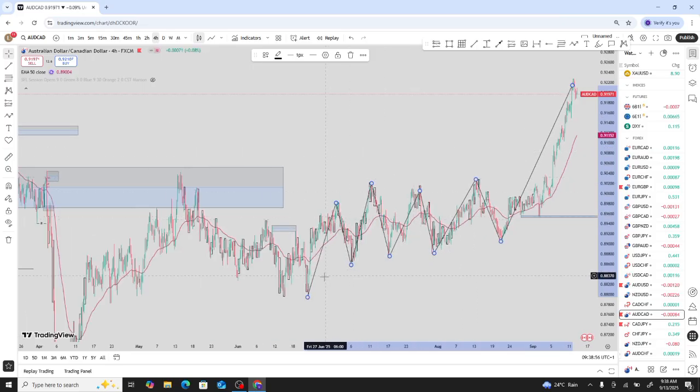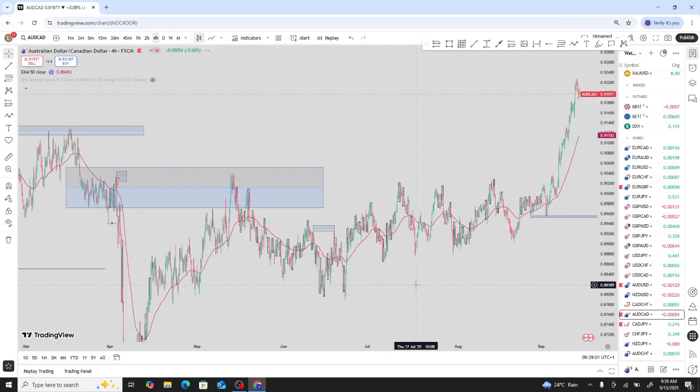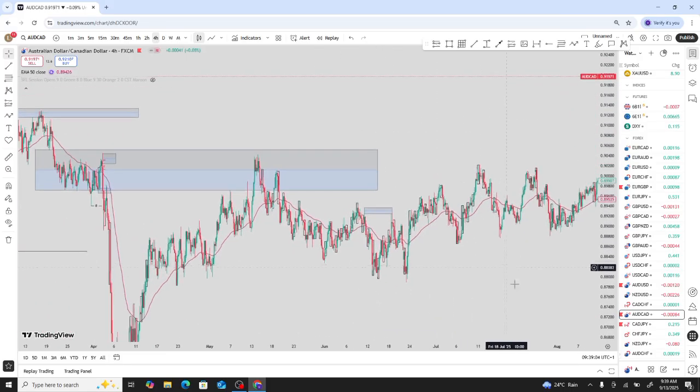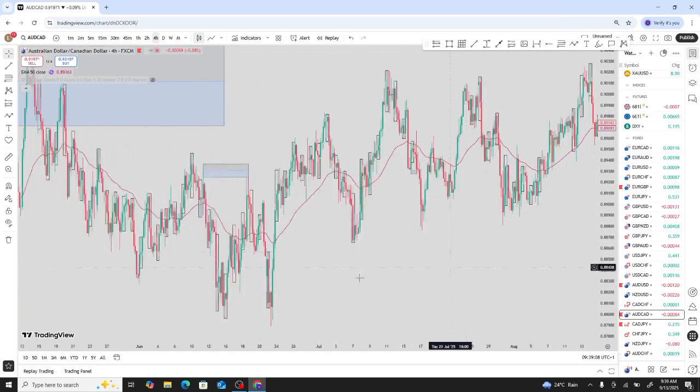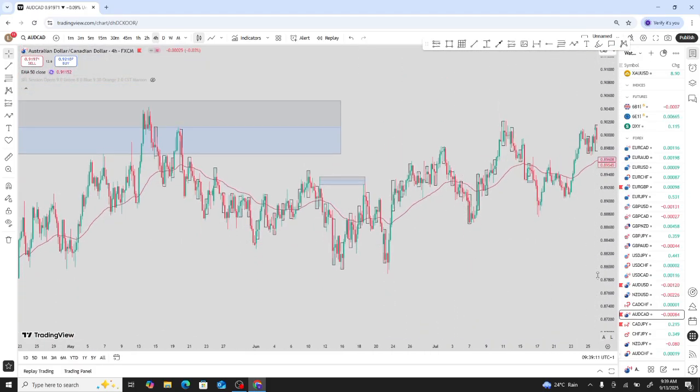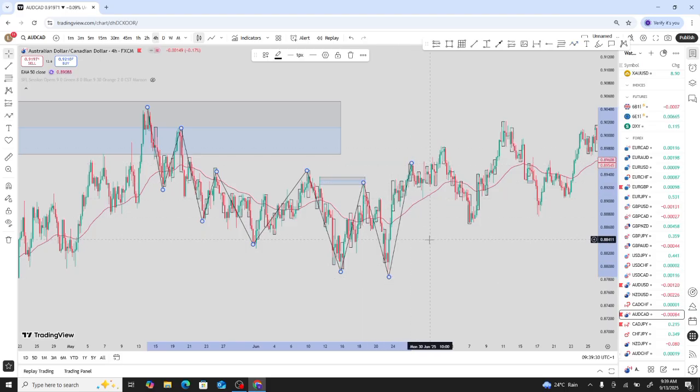Look at this part of the chart. Let me show you this part of the chart. This part has been lower low, lower high, lower low, lower high, lower low, lower high, lower low, then a higher high. Can you see?